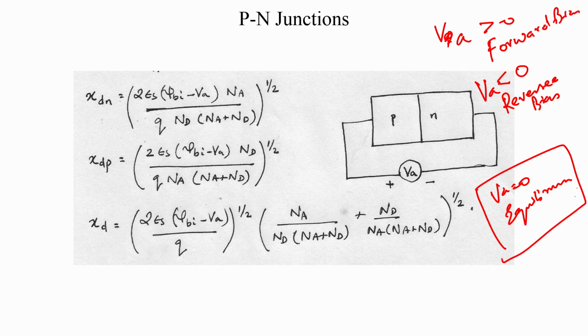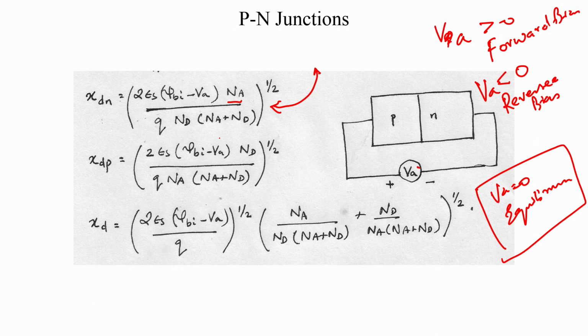But now when you start applying a forward bias or a reverse bias, that is, you start taking VA to be non-zero, then your built-in potential changes a little. We have already looked at this in the metal semiconductor junction. These relations are quite similar to your metal semiconductor junction relations, except that you have both Na and Nd doping.